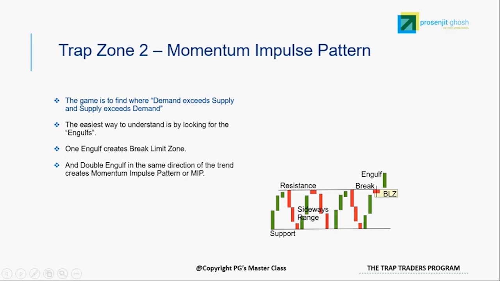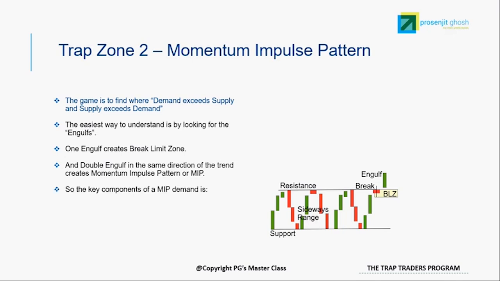Now, when a double engulf happens in the same direction of the trend, then price creates the momentum impulse pattern or MIP. So for a MIP we need double engulf. That means we need engulf of two resistances simultaneously.